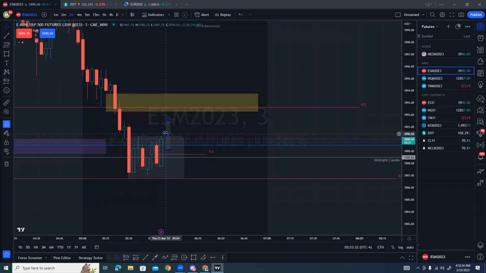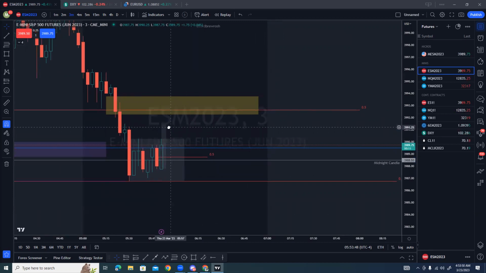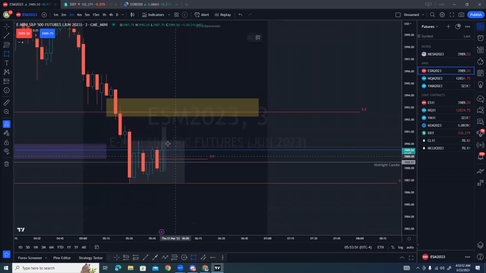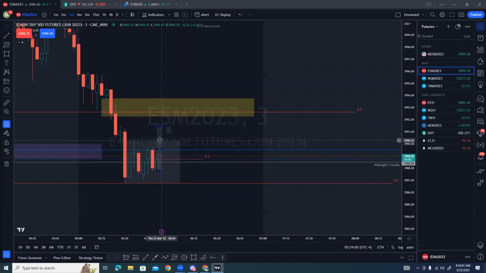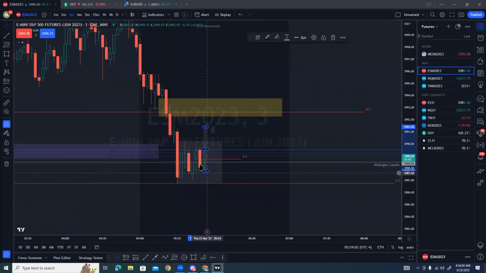Let's say this guy is this candle. The next candle's not much of anything. And I've got a fair value gap. I can just play that fair value gap. We didn't get a displacement higher, but it kind of ruins everything.